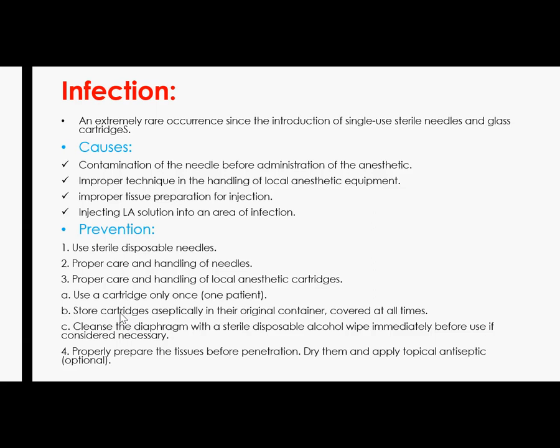So mainly the causes are contamination, improper technique, and injecting into an area of infection. These are the reasons why you can have an infection after injecting a local anesthetic solution. When you use sterile disposable needles, have proper handling of the needles, and proper care of the local anesthetic cartridge, you can avoid infection at the site of injection.